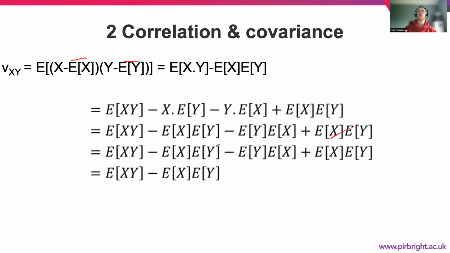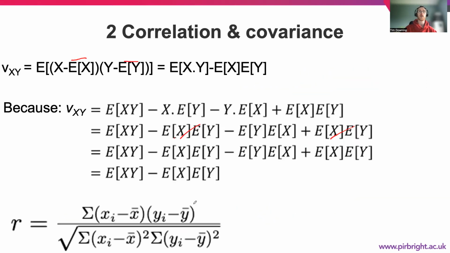because these two terms will cancel here. So that means when we're trying to work this out, we were effectively looking at the covariance of x and y together divided by the variance of x and variance of y divided by the square root.